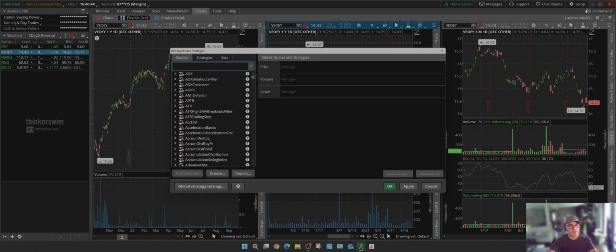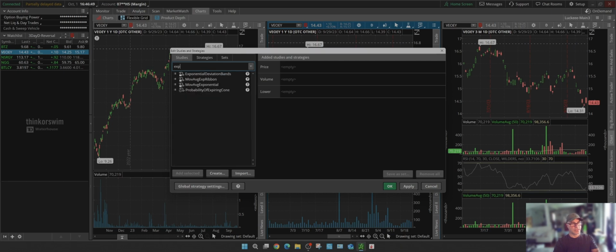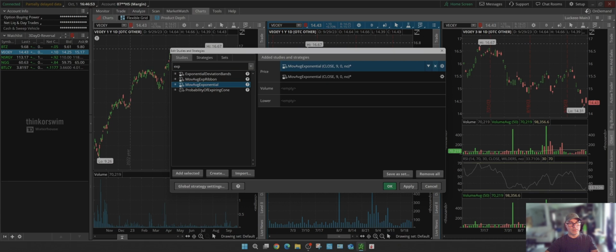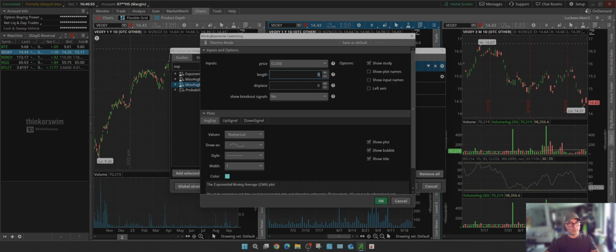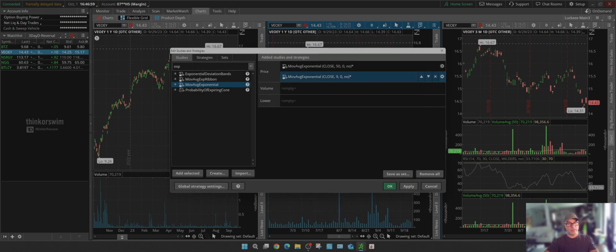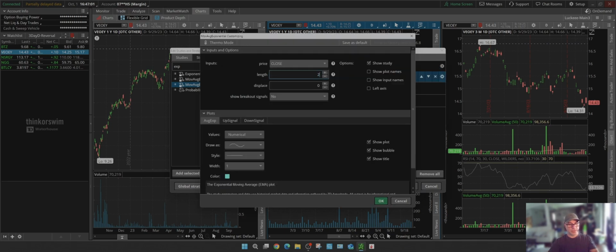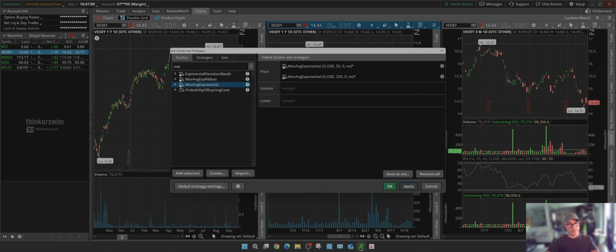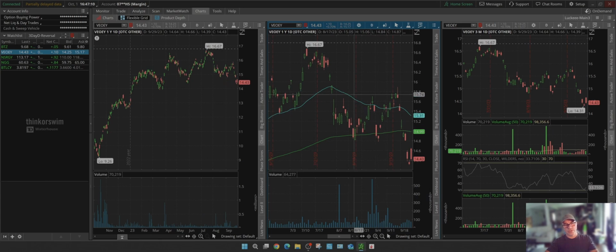I'm going to have some moving averages, exponential. So let's do 50. Let's do 200. These are the pretty commonly used patterns that most traders are watching closely.